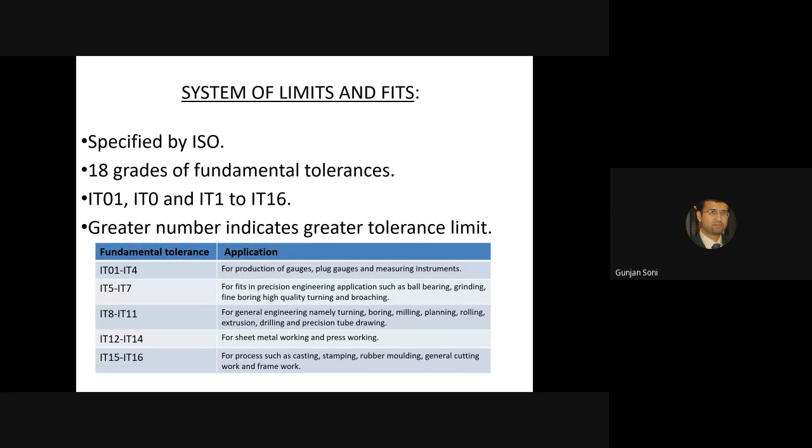If you are doing manufacturing following them, then only you will be able to achieve universal interchangeability. If you are not following the ISO standards, then there's a possibility that you will not achieve it. What is the meaning of universal interchangeability?